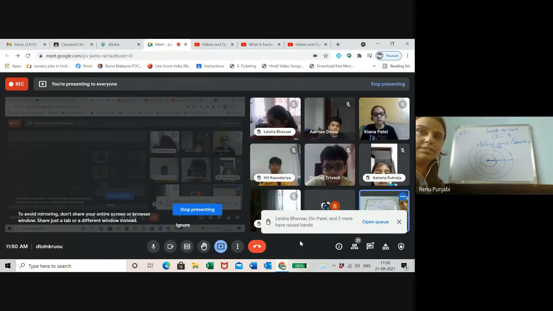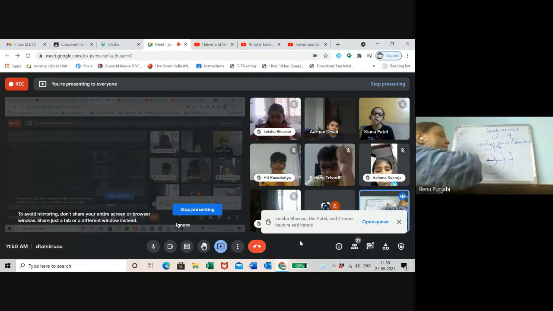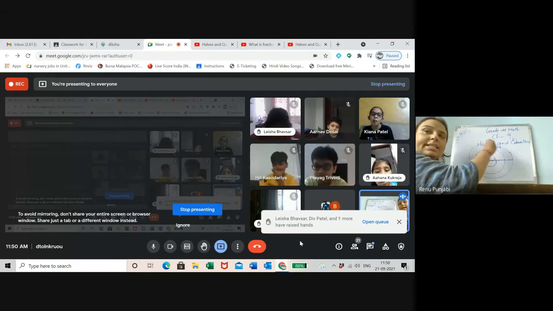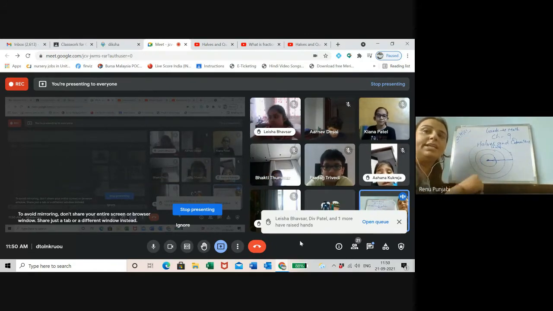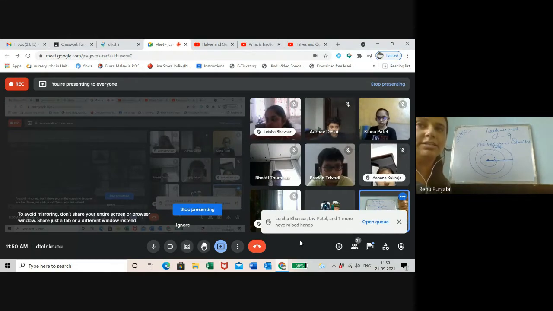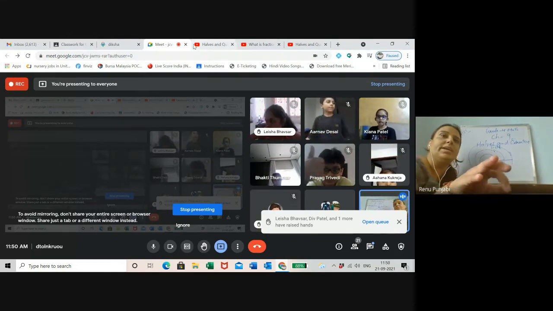Got it? Clear? Or you can make the big circle first and then decrease the radius and make the circles inside. So there are two different ways to make the circle.